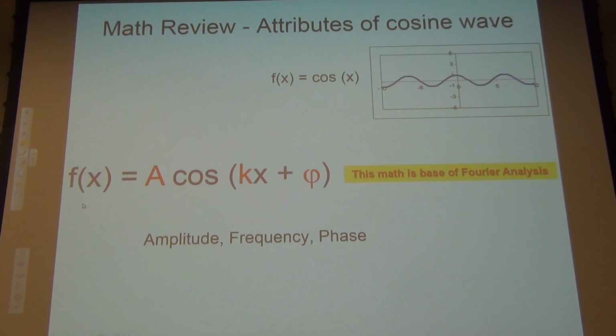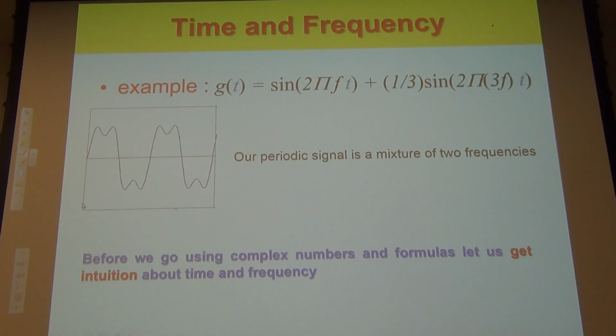And this again is based on Fourier analysis. Let me give you an example. This is a signal: sine 2 pi ft plus 1/3 of sine 2 pi 3ft. So this is a mixture of two signals.